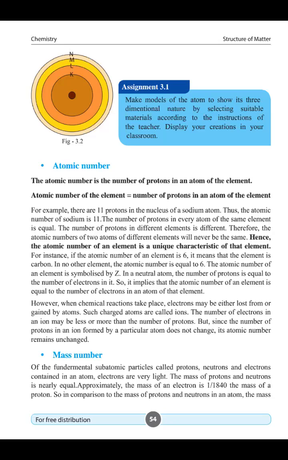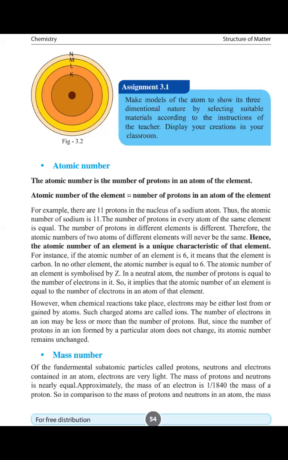Then the mass number. Mass number is indicated by capital A. The mass number is also a characteristic of a particular atom with regard to subatomic particles.